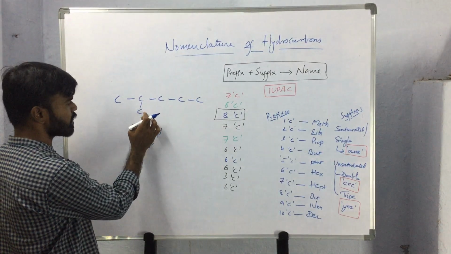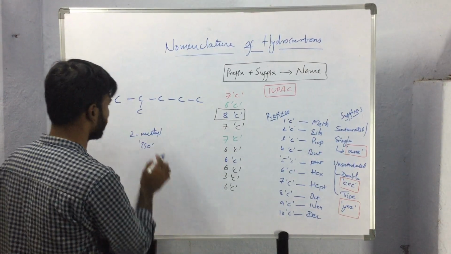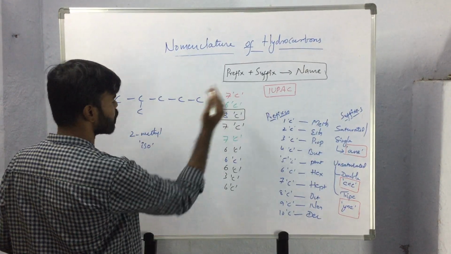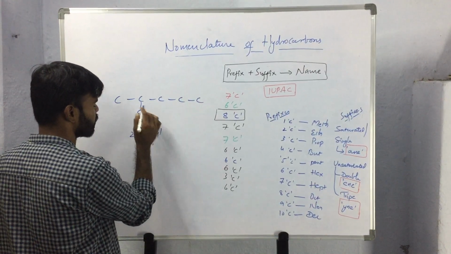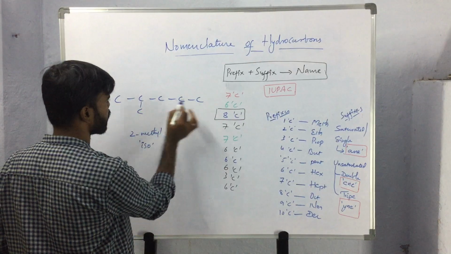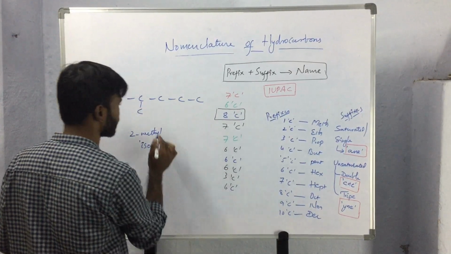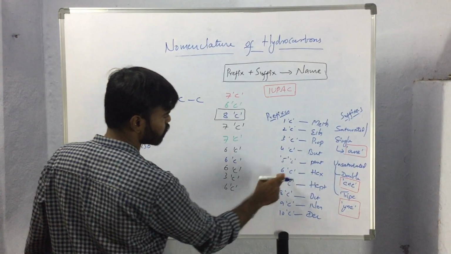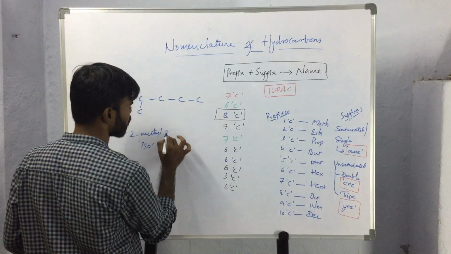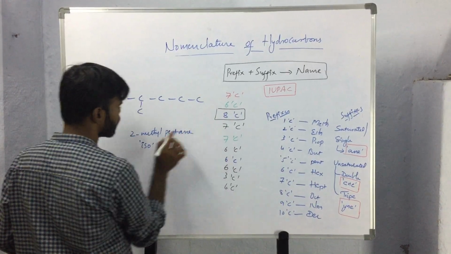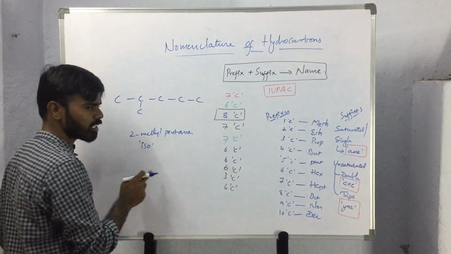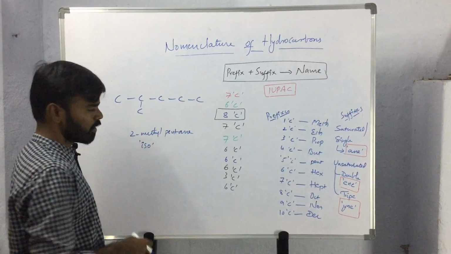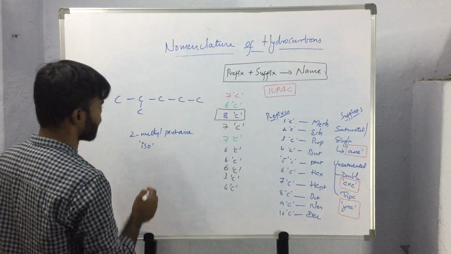If the second carbon atom has one methyl substituent, according to IUPAC rules we select the longest possible parent chain, 1, 2, 3, 4, 5. As it has 5 carbon atoms, we select pentane. The second carbon atom has a methyl substituent, so the name will be 2-methyl pentane. In other words, we can write it as iso.